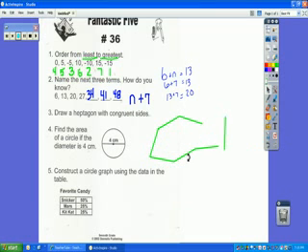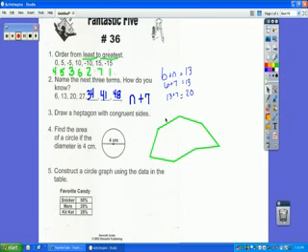Nothing fancy about it at all. There. My 7-sided polygon, which is a heptagon with congruent sides.